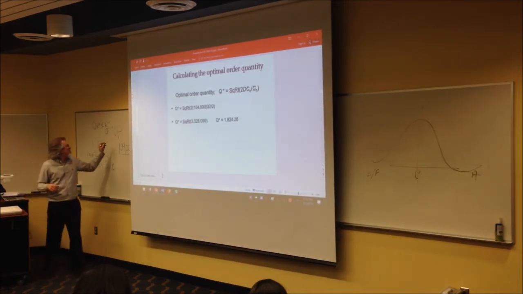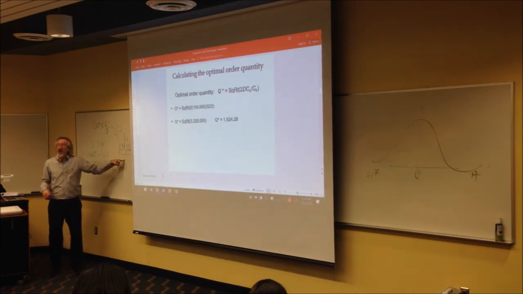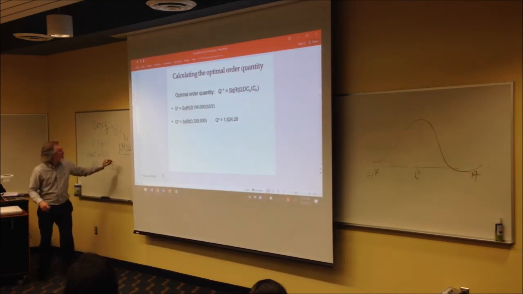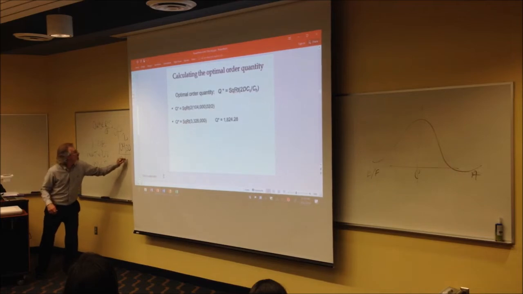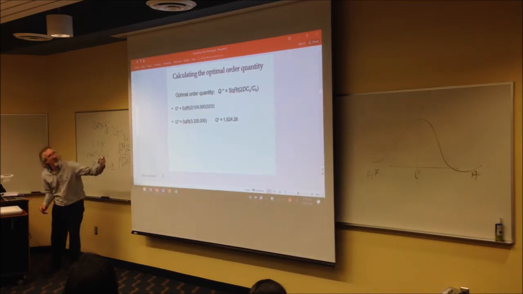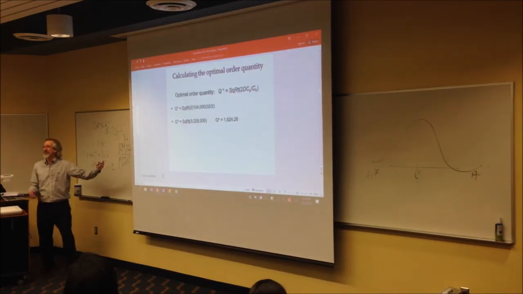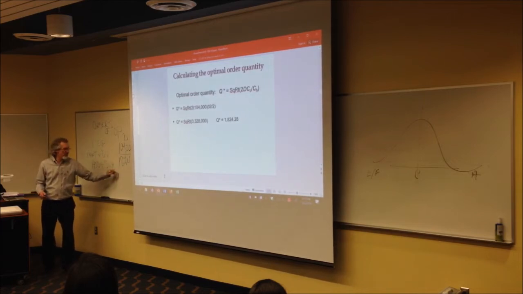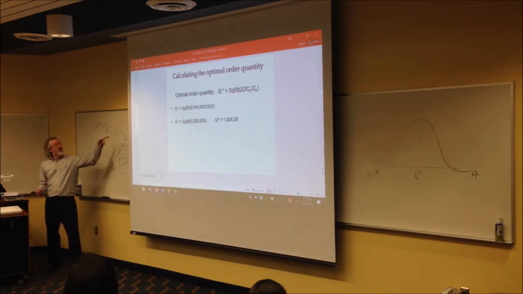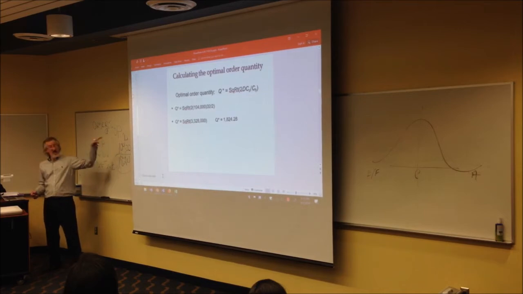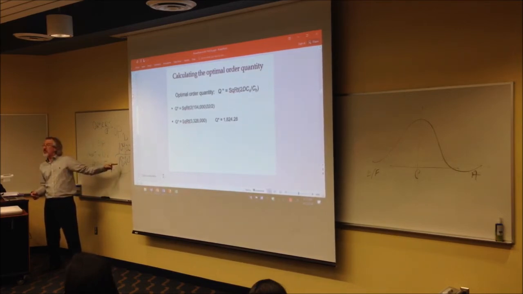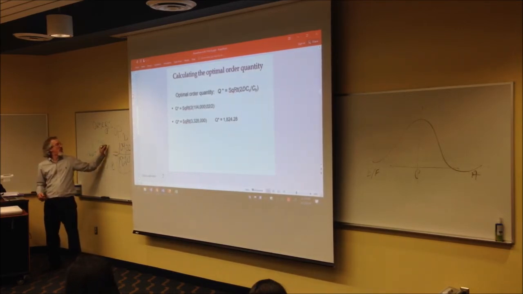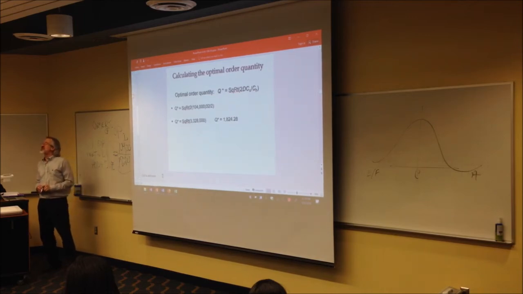This is our annual demand. We're ordering 1,824. You can't order a quarter of a case, so we round it to the correct number. If we take how many we go through in the year and divide by how many we order every time we place an order, you've just found the number of orders placed a year.